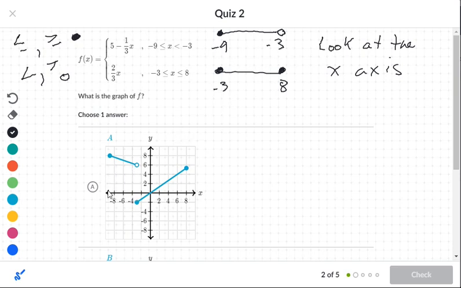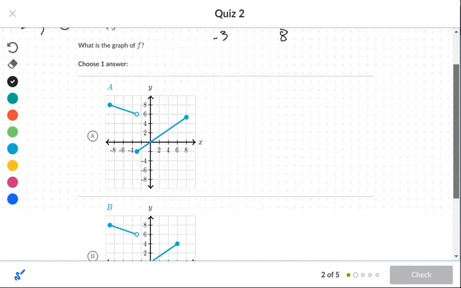So we are going from -9 to -3. This one is going from -3 to 8, because we bring this down, this is 8, we bring this up, this is -3. We want them both to be solid, and they're both solid. So this matches up with the -3, and this matches up with an 8. So it looks like this would be our answer.